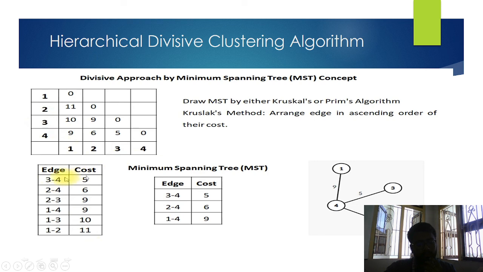We have taken these three to cover all the nodes: 3 comma 4, 2 comma 4, then 2 comma 3 is no need, and 1 comma 4. Whatever vertices are uncovered, we have to take from the sorted order of edges.